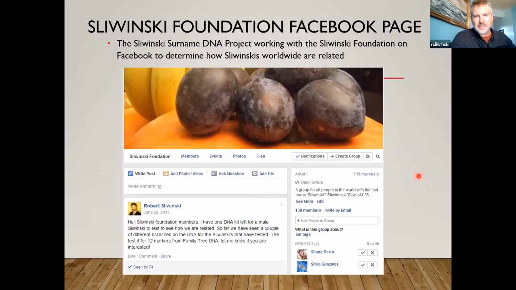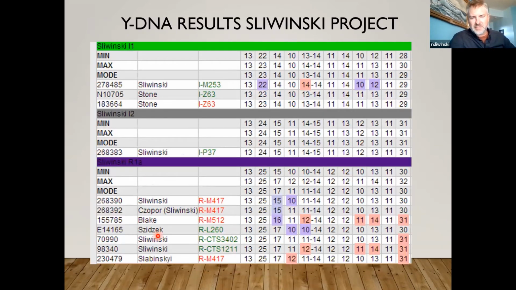Remember we talked about the STRs before? Let's focus on the bottom of the page over here. We have Slowinskis and a couple other people that joined as well, maybe variants of the name. The idea is that you're comparing the markers, let's say the 13 and 25.